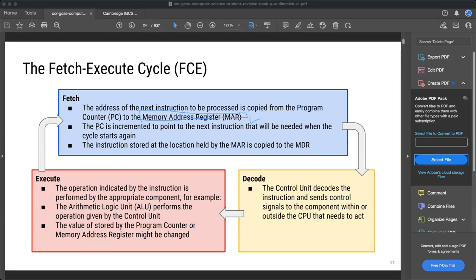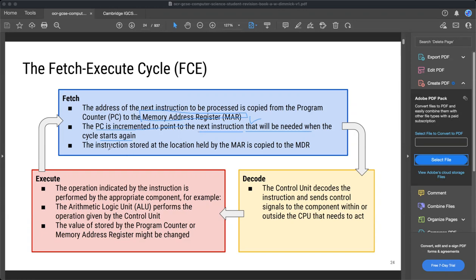Now, once the PC is incremented to the next instruction, that will be needed when the cycle starts again. Like if you are done with one instruction, the program counter passes our instruction into MAR and waits for the next instruction.